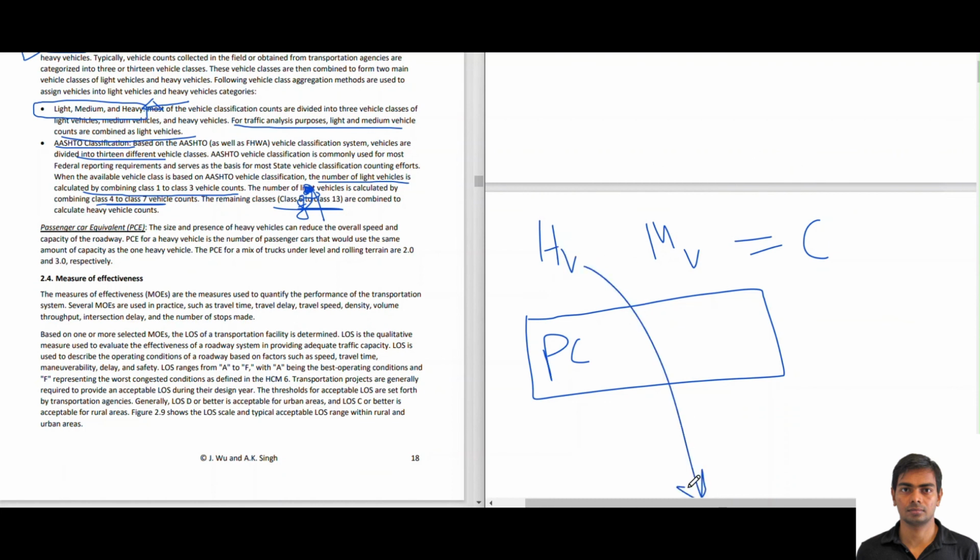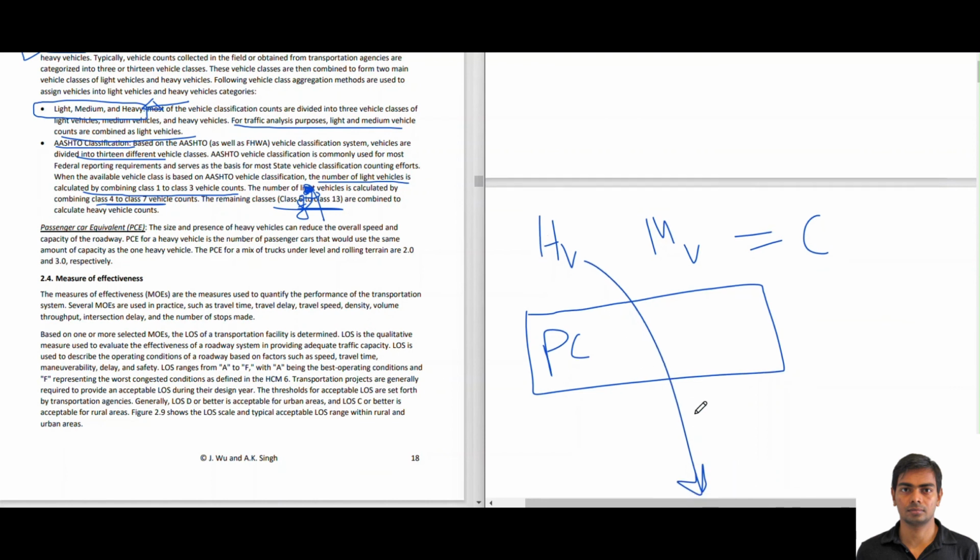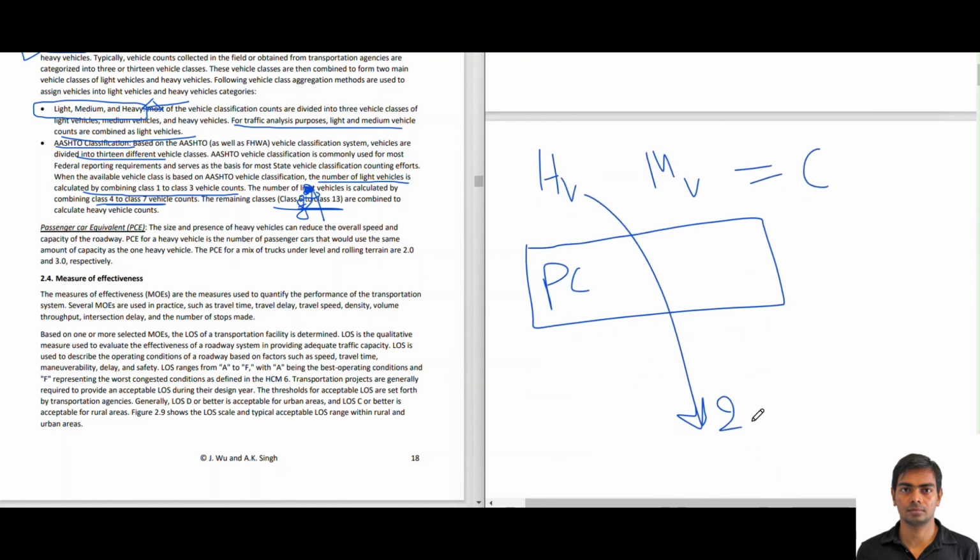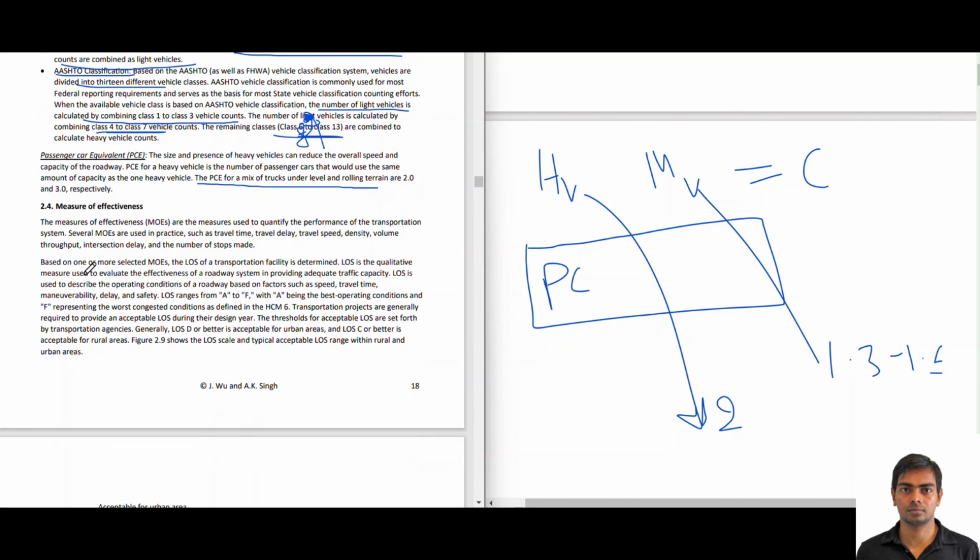Depending on the terrain, this equivalency factor changes, but usually it's like 2.2 or 2. For medium vehicles it's like 1.3 to 1.5. So passenger car equivalent is the equivalent number of heavy vehicles and equivalent number of medium vehicles plus the regular cars. So PCE for a mix of trucks under level and rolling conditions are 2.0 and 3.0.